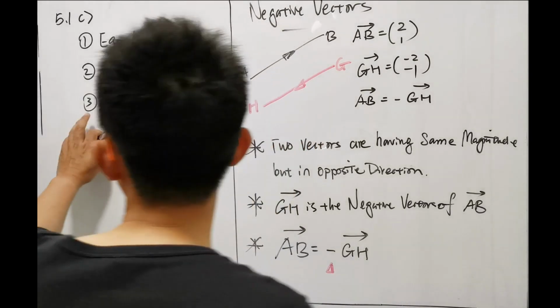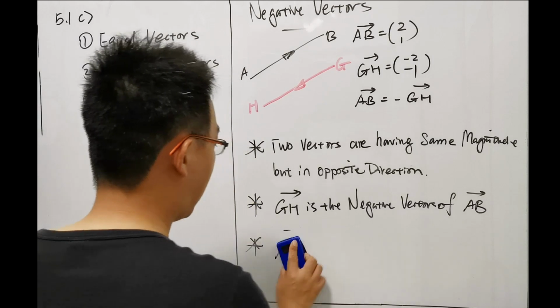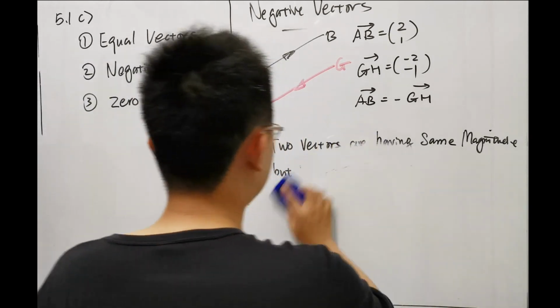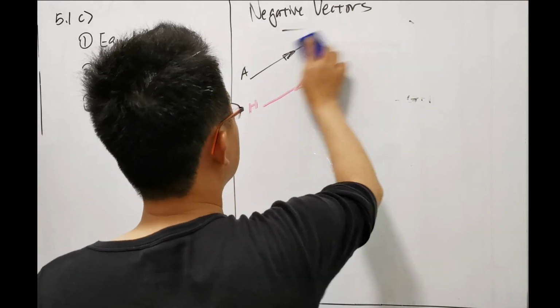Okay, we're going to move on to number 3, zero vectors. So under what conditions can we find zero vectors? What are those zero vectors?